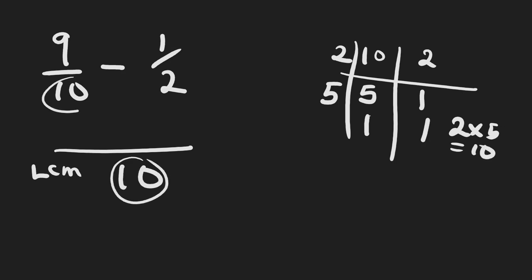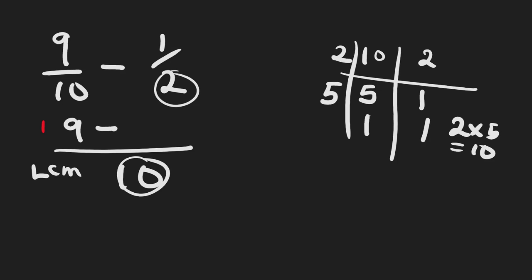10 divided by 10 is 1, right? So 1 times 9 is 9. Minus 10 divided by 2 is 5, and 5 times 1 is 5. So we're going to write 5 there.